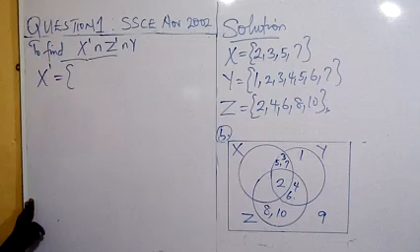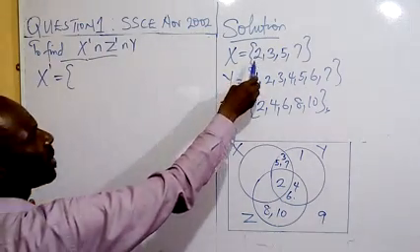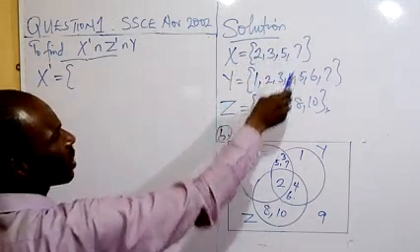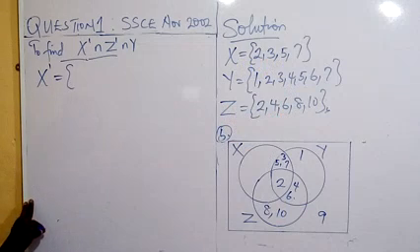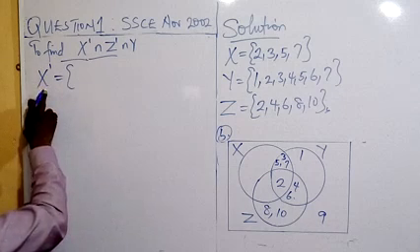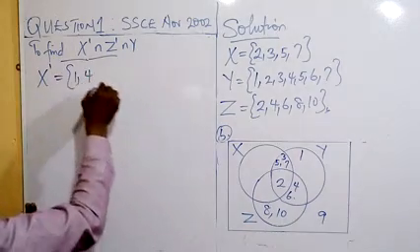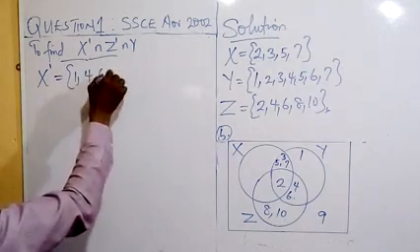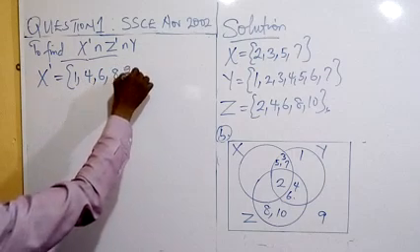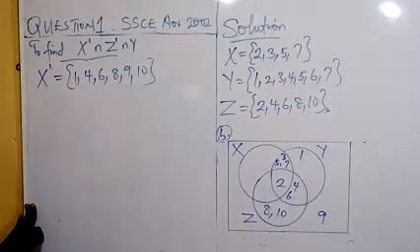Don't forget the elements we have in X are 2, 3, 5, 7, and our universal set is from 1 to 10. Therefore, X prime will be 1, 4, 6, 8, 9, 10.